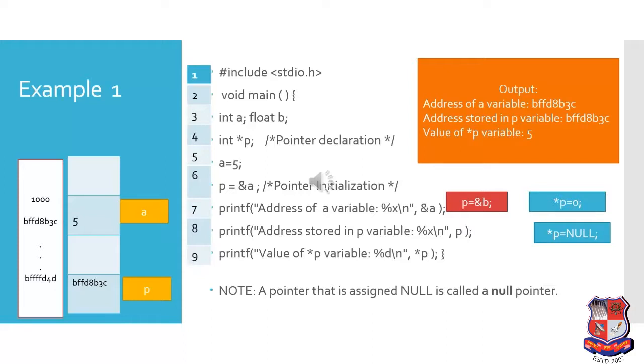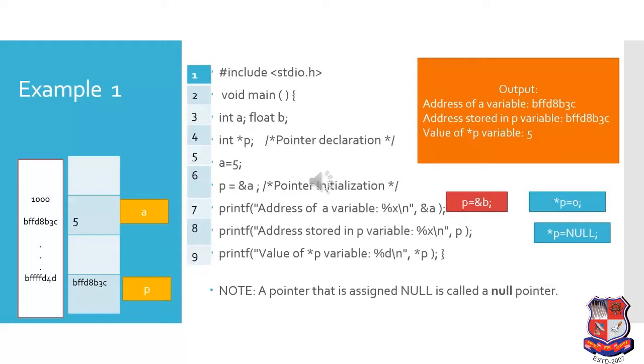Now, what will be the output of line number 7? It is displaying the address of the variable. &A simply tells me the memory address where A is stored. Now look at the block diagram on the left side. Let us say A is assigned some memory and the address is BFFD8B3C.